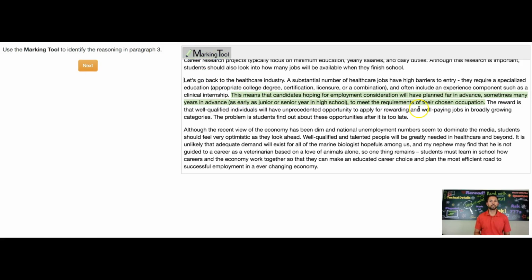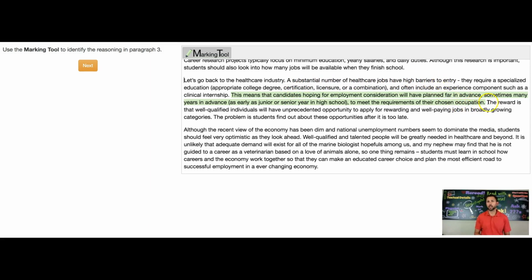Now I'm going to go to the next sentence and explain why this is not reasoning. "The reward is that well-qualified individuals will have unprecedented opportunity to apply for rewarding, well-paying jobs." This is more of commentary from the author. This is not reasoning. She's not explaining anything here that has to do with what she just said, which is up here: a substantial number of healthcare jobs have high barriers to entry.